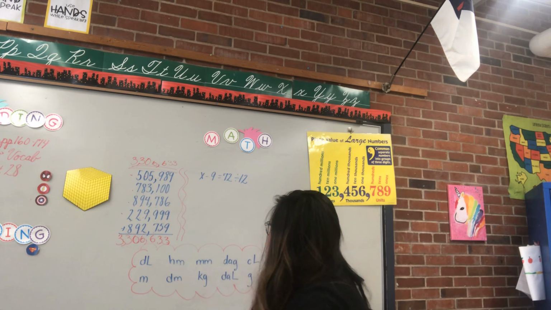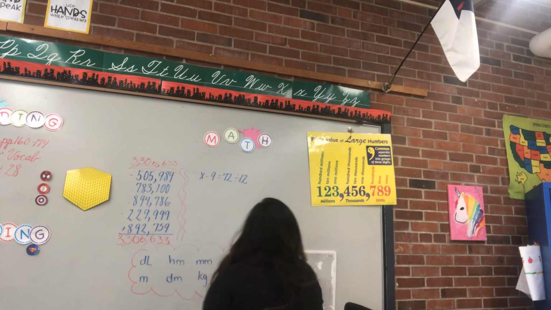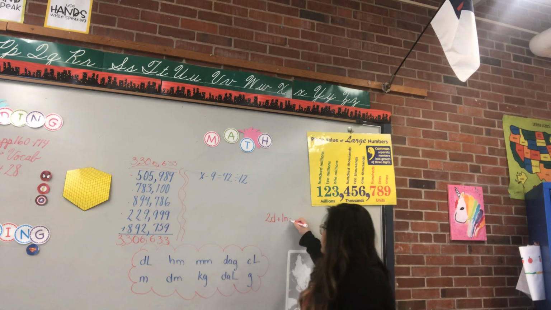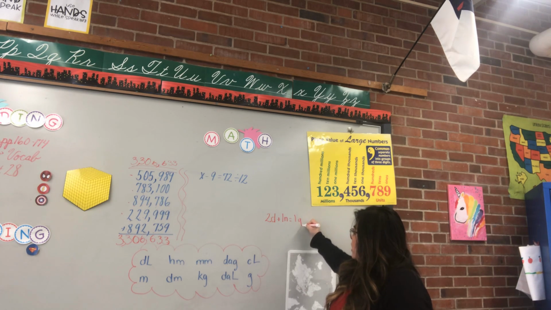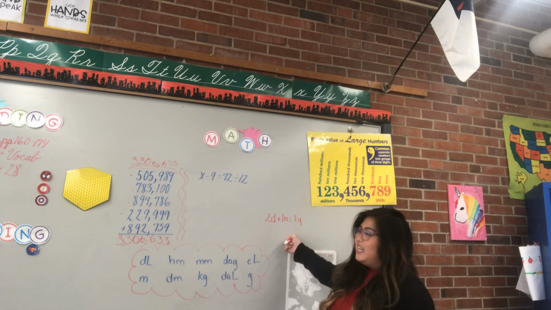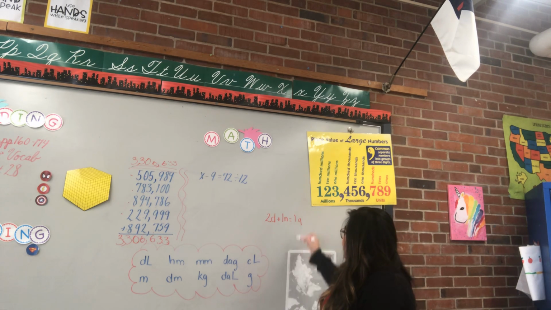So we could say that 2D for dimes plus 1N for nickel equals 1Q for quarter. This is called an equation. Now with an equation, we have an equal sign right here.